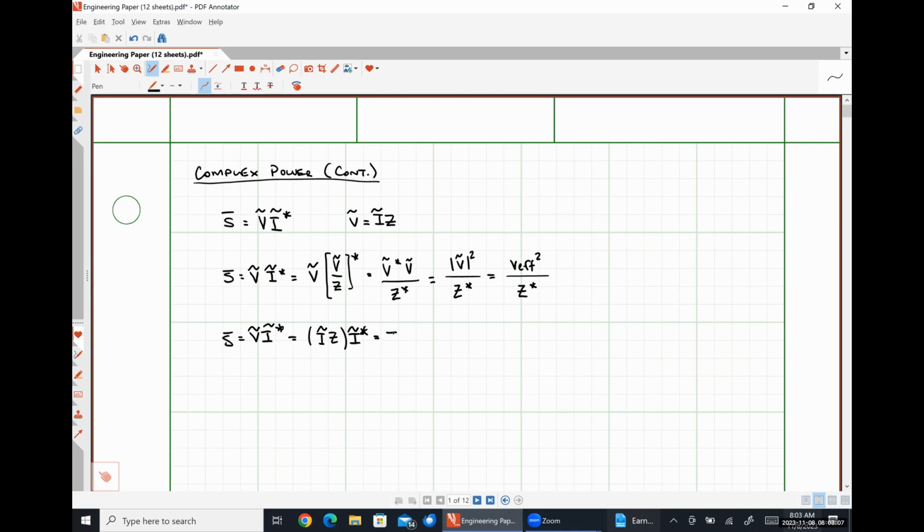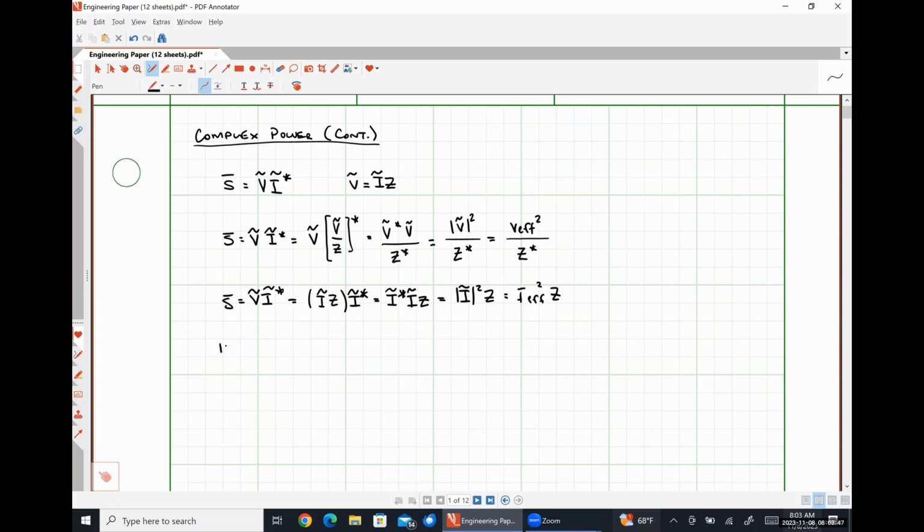So this is going to look like I conjugate times I times Z, or the magnitude of our RMS current squared times Z, or I effective squared times Z. So these are our alternative relationships. Using these relationships, we can then make some simplifications for purely resistive, purely inductive, and purely capacitive loads.